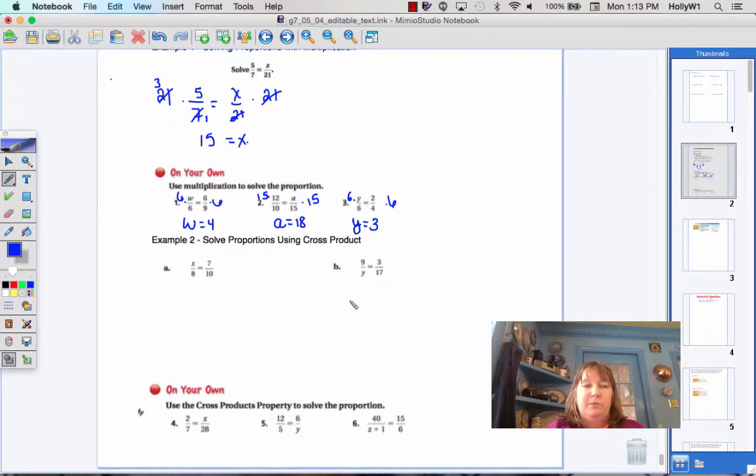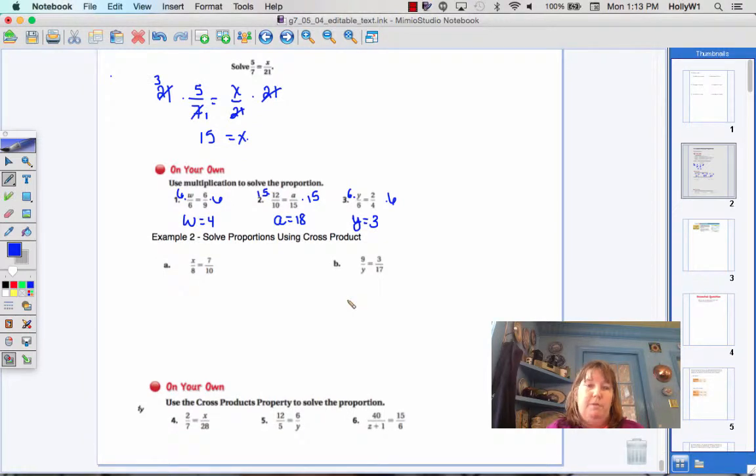So example 2, solve proportions using a cross product. And this by now we should probably know how to do since we've sort of done it a lot. So in the case of solving by the cross product, we have 8 over x is equal to 7 over 10. And remember, it's that little butterfly method. So 10 times x is 10x is equal to 8 times 7.